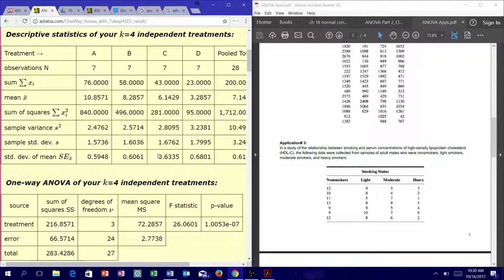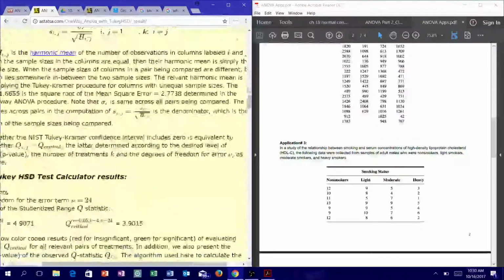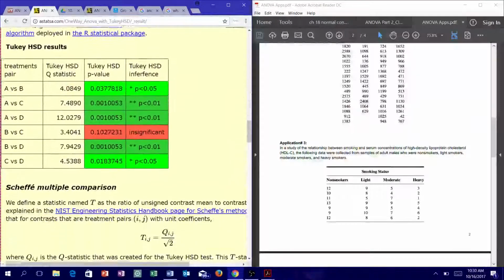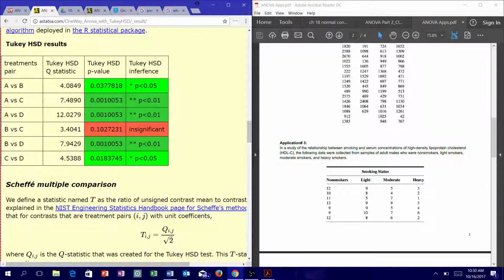It's a really small p-value. Oh my gosh, they're all different, except for B and C.